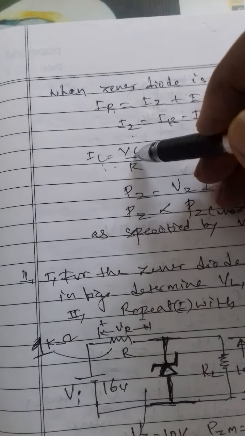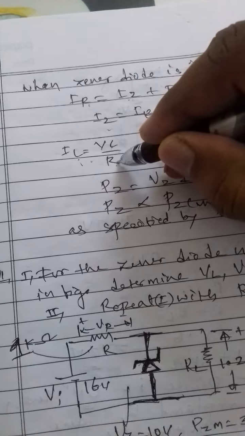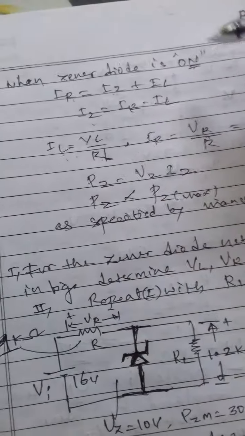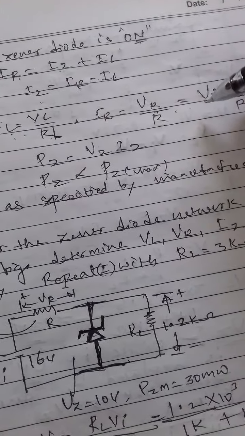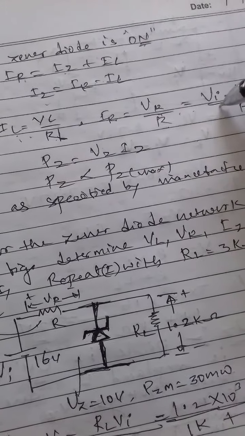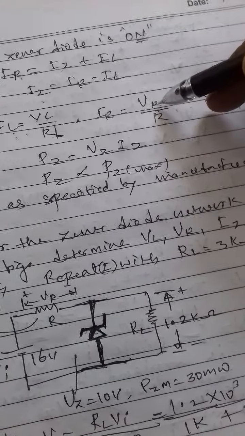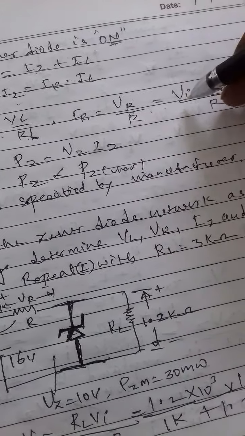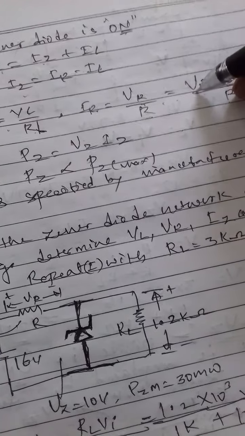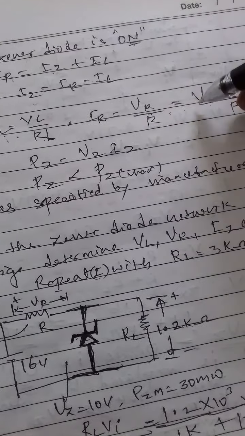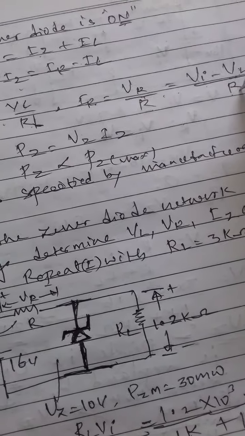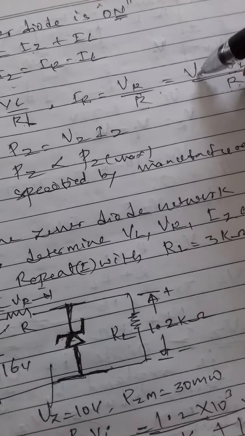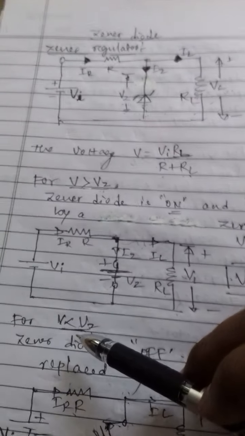Now, the current flowing through the load resistance is equal to VL upon RL, and the current flowing through the resistance R is Vi minus VL upon R, because R is between the input and the output.